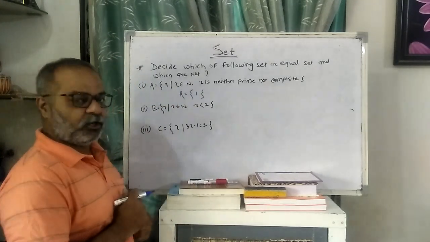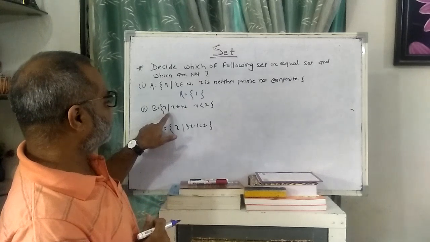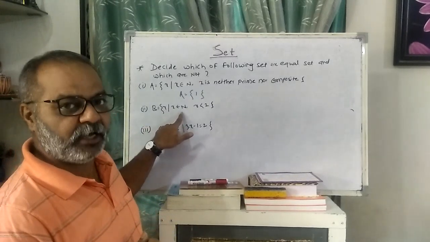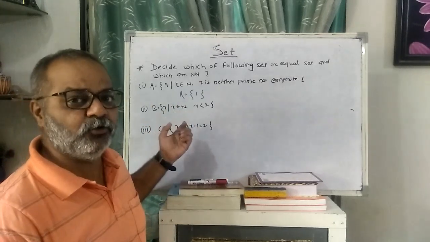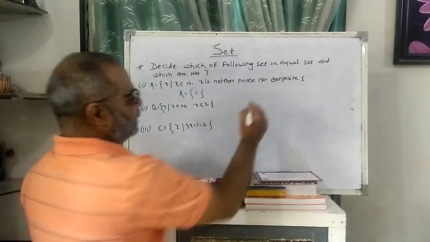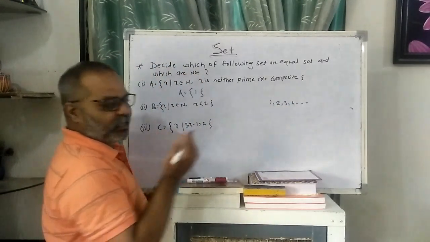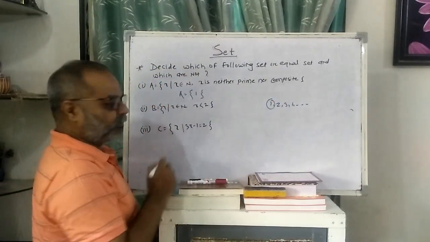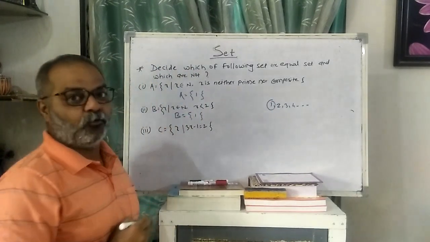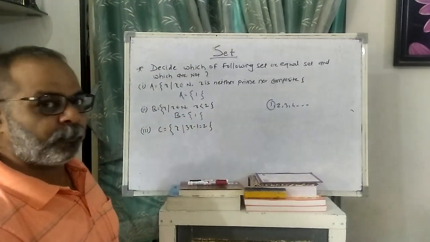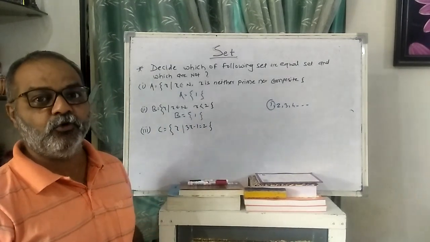Then we solve the second one. B is equal to x such that x belongs to N, where x is a natural number and the condition given is that x is less than 2. Natural numbers are 1, 2, 3, 4 and so on, but x is less than 2, which means 1. So set B also contains the element 1. What about C? They have given C as x such that 3x minus 1 is equal to 2.